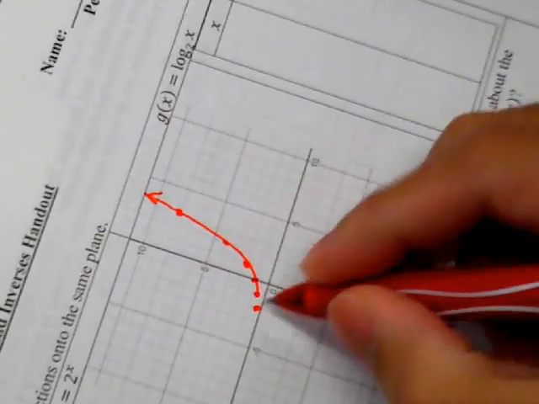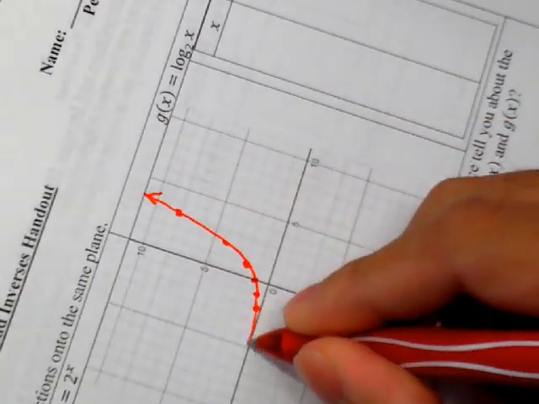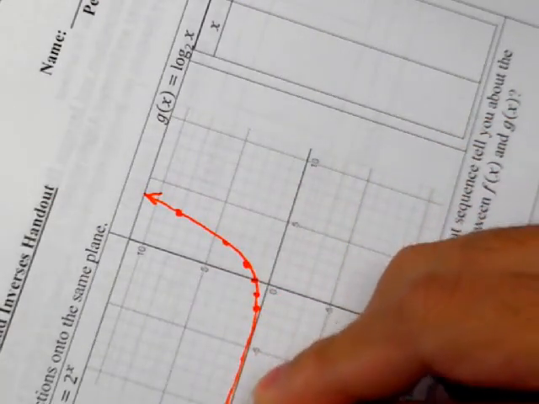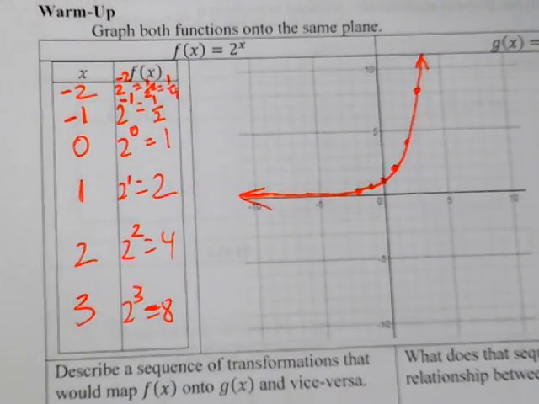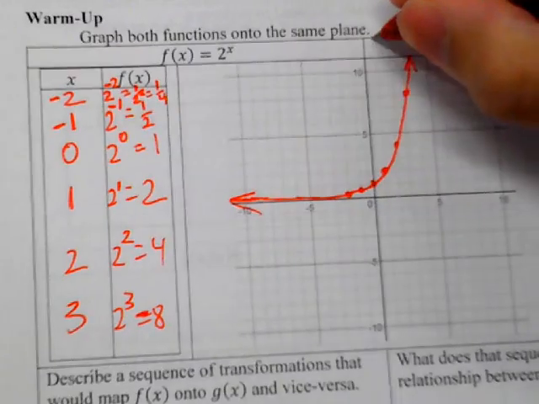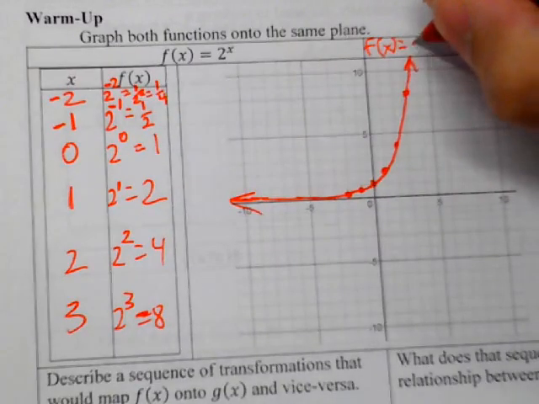So to the left, we want to flatten out our graph. Again, we do draw an arrow because you can go forever to the left. And I'll label this f of x, which is 2 to the power of x.